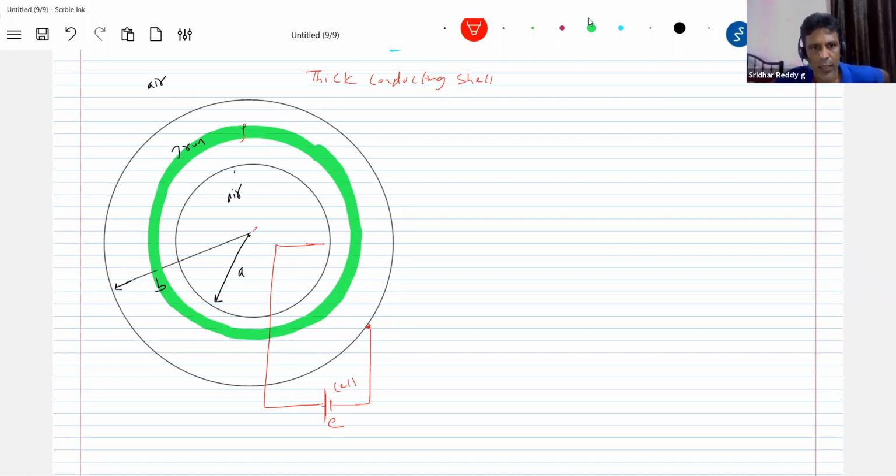Let the radius of this shell be small r. The thickness of this, let it be dr.